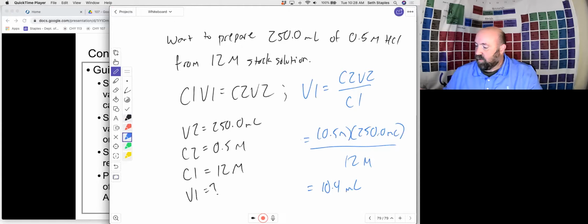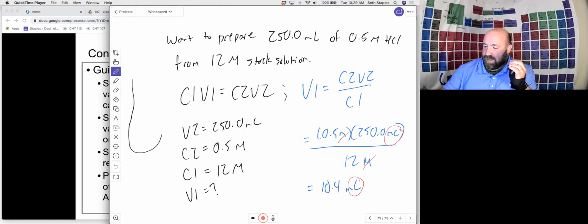I get 1.04 milliliters. Let's see how the units worked out. Molars canceled out. I'm left with milliliters, and that's good because I know that's what I was looking for. So again, what this tells me is that I want to take 1.04 milliliters.